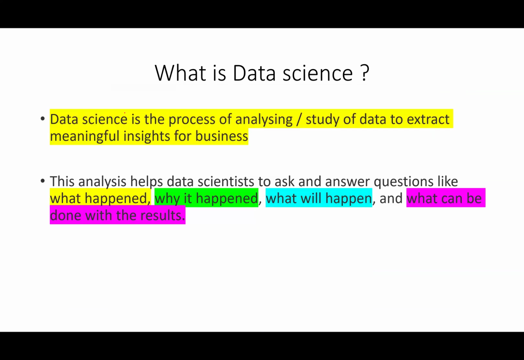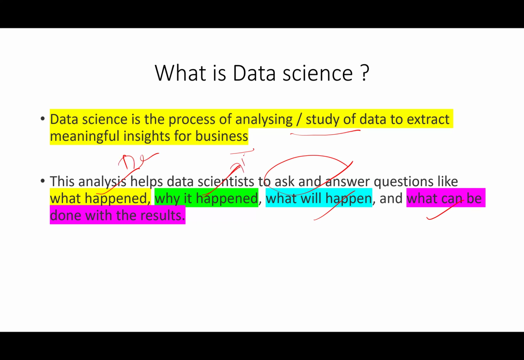So as we discussed, what is data science? It is a process of analyzing or studying data to extract meaningful information for the business. It will help the data scientist to ask and answer questions like what happened, why it happened, what will happen, and what can be done with the results. What happened is descriptive analytics.